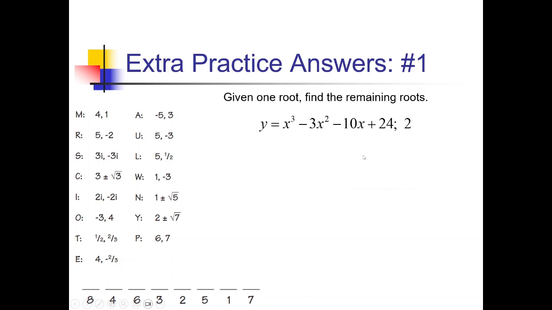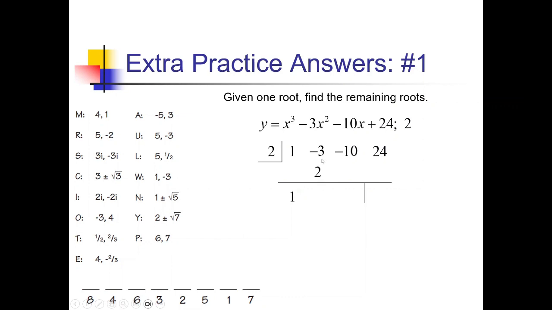So for this first one, I've got 2. Let me write out my synthetic division coefficients here. So we've got 1, negative 3, negative 10, and 24, box number of 2. I bring down my 1, there's my box number, and then 2 times the 1, that's giving me a 2 up here.